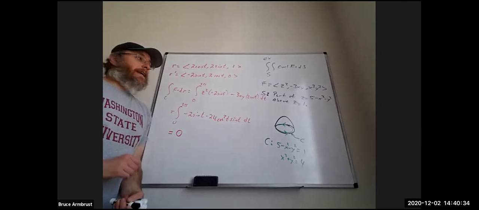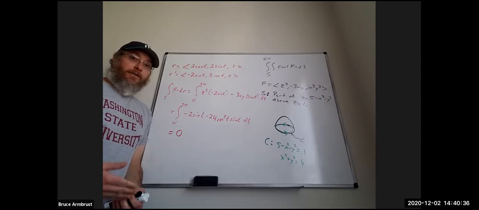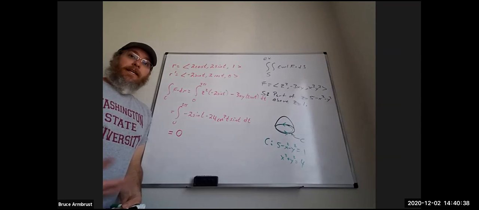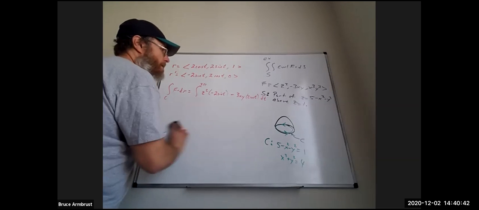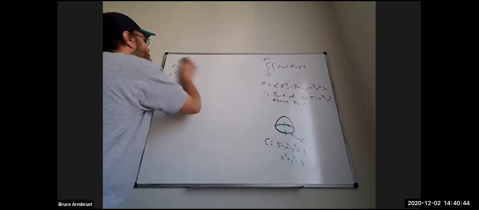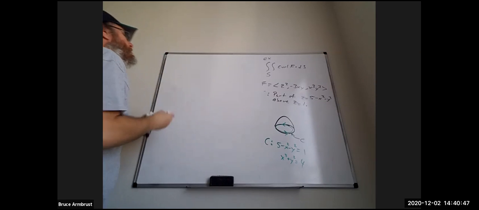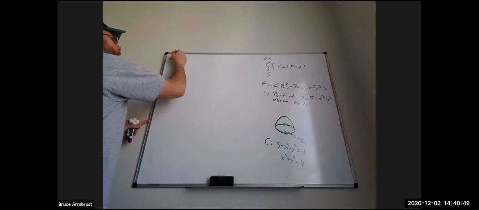Okay, so let me show you an example now where we actually want to do the surface integral instead of the line integral. All right, so here's what we're going to do.